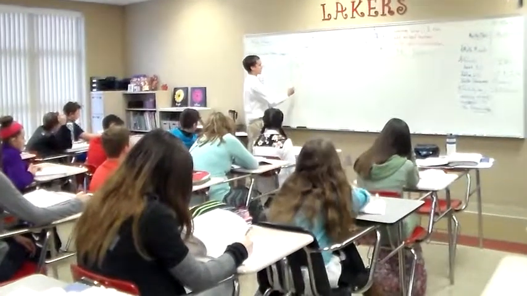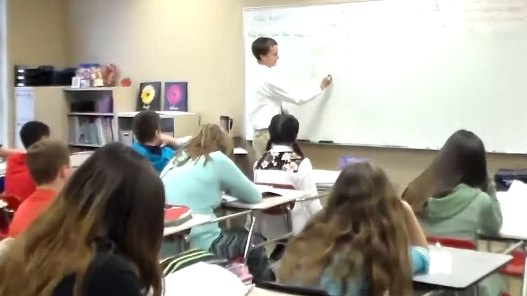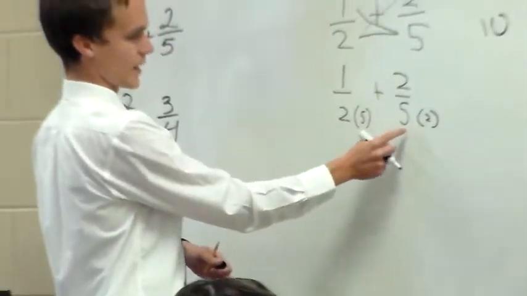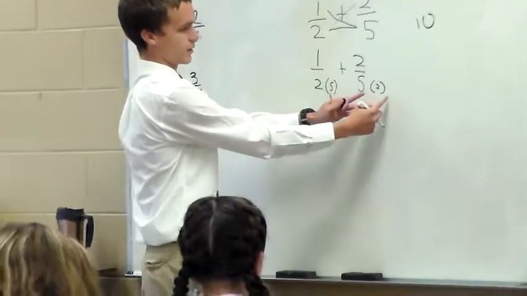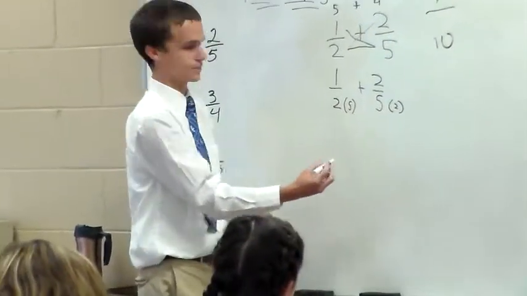To find the least common multiple, does this look familiar? You multiply this over here, and you take this number and multiply this number by it. And then, what is 2 times 5? 10.